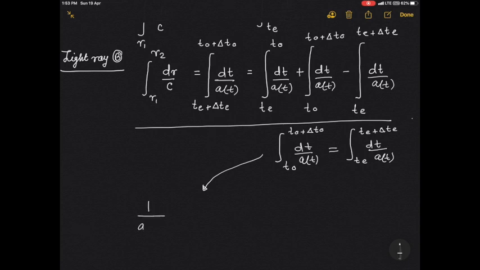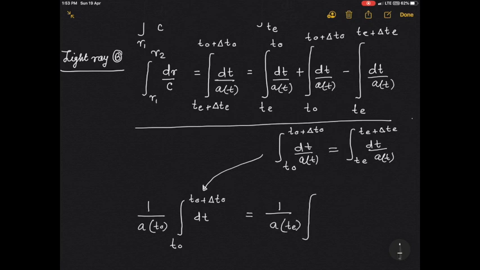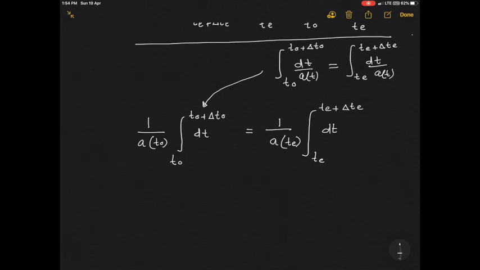So this I can write as 1 by a at t equals t0, and then the integral from t0 to t0 plus delta t0 dt, and that is equal to, and when this comes out, that will be a(te). Right?